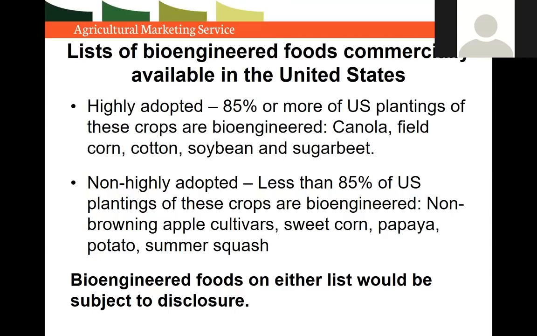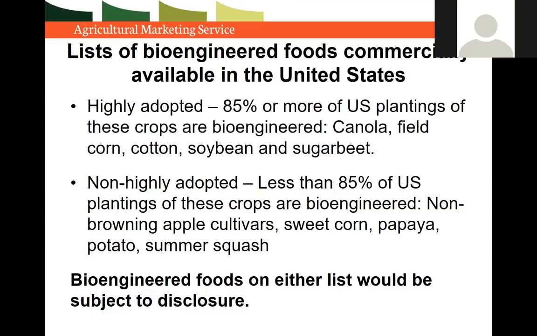Basically, if a food or food ingredient is on either of these lists or made from a food on these lists, regulated entities would need to make a disclosure consistent with the standard or no disclosure, depending on whether the food is bioengineered. For foods or food ingredients on the high adoption list, regulated entities will be required to label the food with the terms bioengineered food or contains a bioengineered food ingredient.